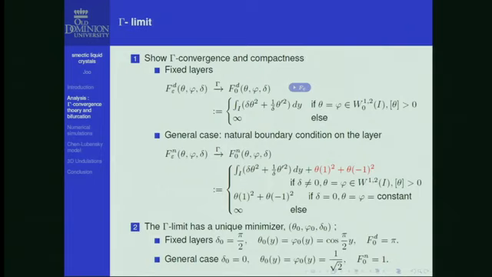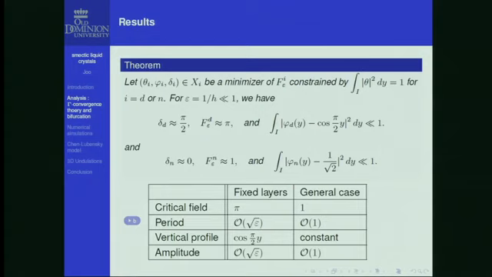That means we do not have dependency on the vertical profile of the undulations. So this is the theorem combined together for both boundary conditions. This is the result from the gamma convergence theory, with the minimizer of the gamma limit for each case.